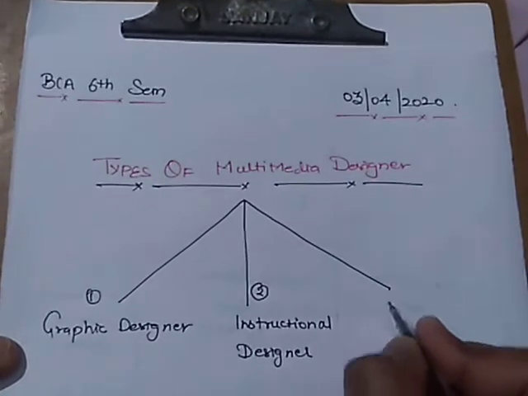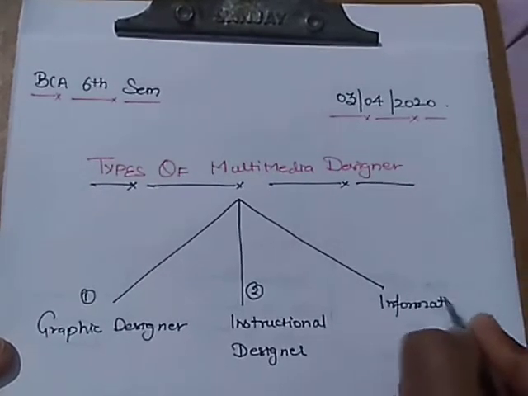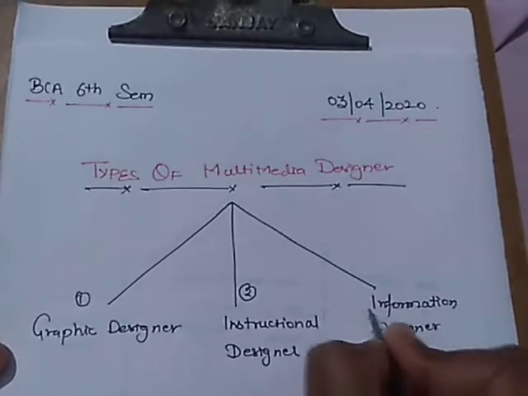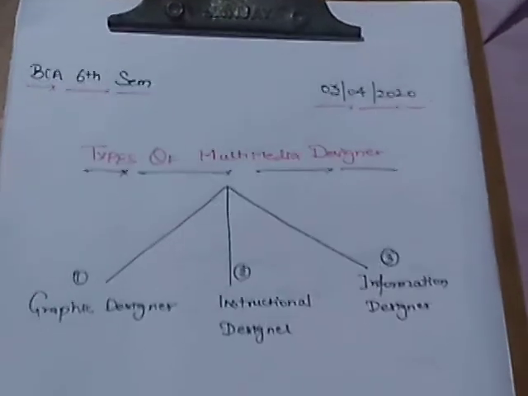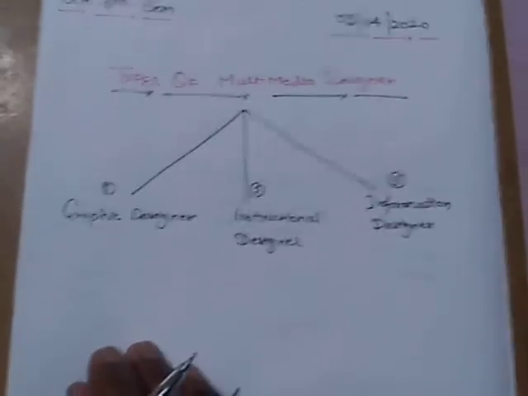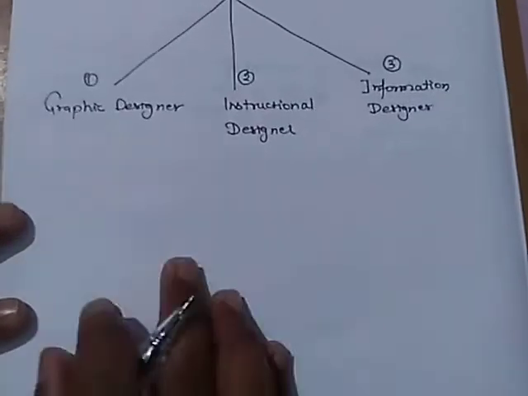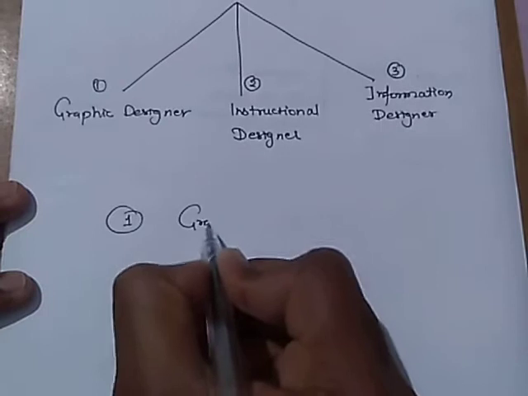And the third one is information designer. So let us discuss the important skills and what their area of working is, one by one. So first we will discuss the graphic designer.